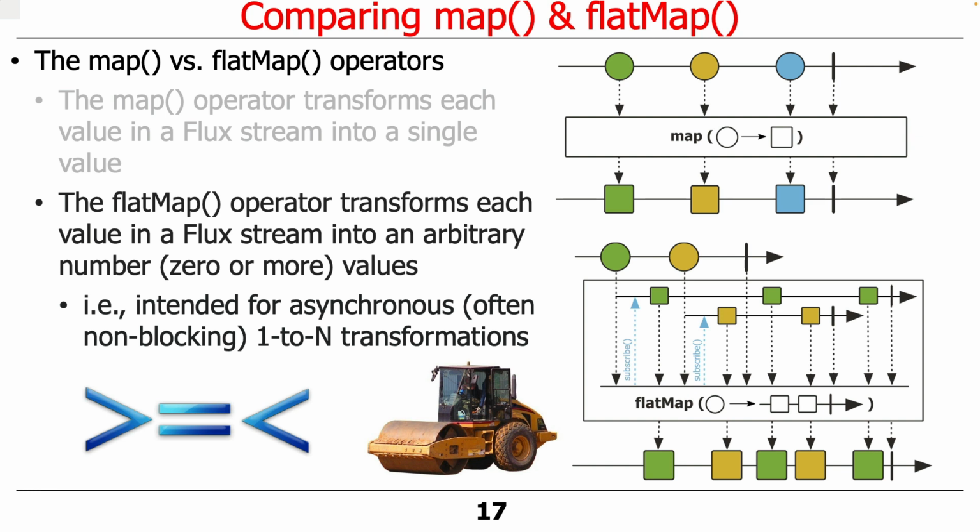Therefore, flatMap is often intended for asynchronous 1 to n transformations, where n can be 0, 1, greater than 1, and so on. After doing the transformations, the little steamroller comes along and flattens everything out, so you end up with a stream of the results, not a stream of structured results. You don't end up with a stream of lists of strings. You end up with a stream of strings that have been flattened.